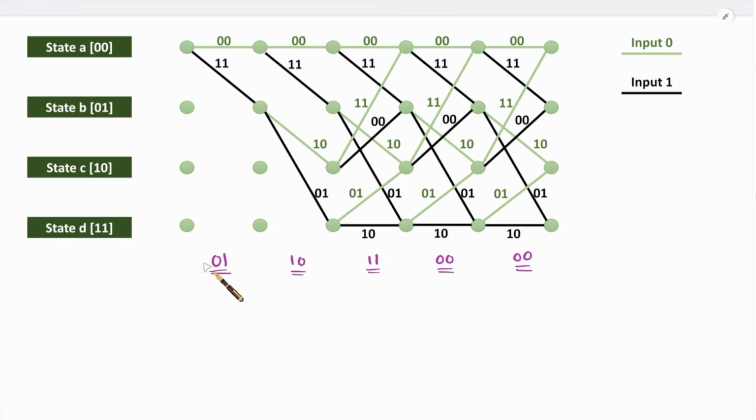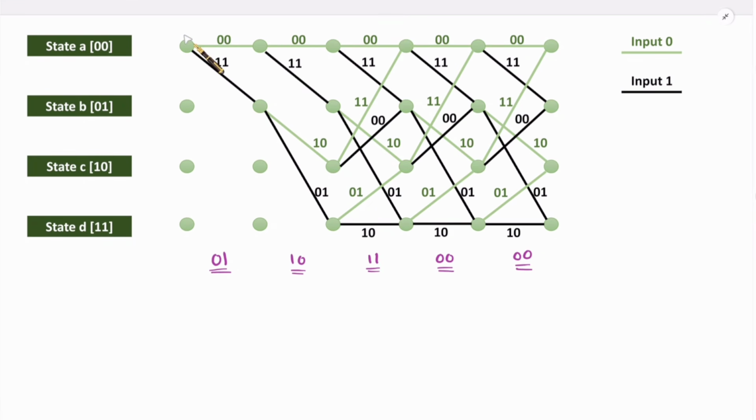Now with this received sequence, we need to identify the minimum weightage path. First of all, here we have state A, state B, state C and state D. If you have received sequence 0, 1, then with this path, output is 0, 0. So the difference between 0, 0 and 0, 1 is of 1 bit. So here there will be weightage of 1.